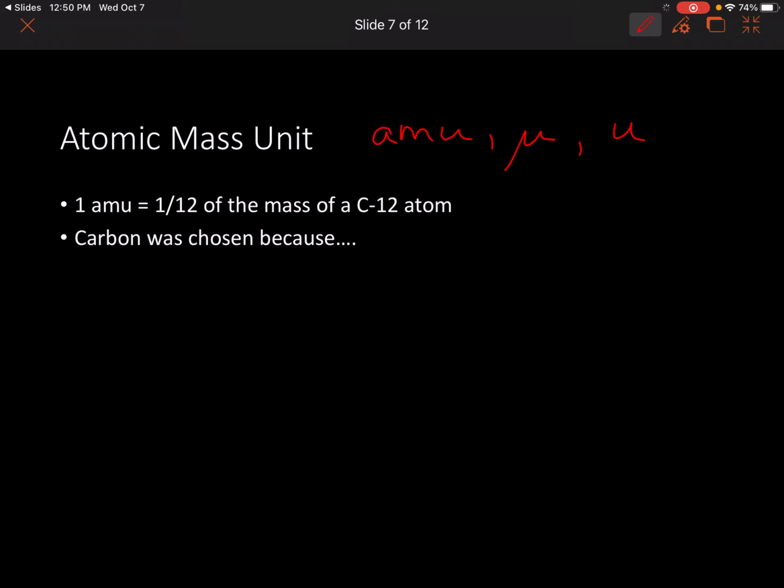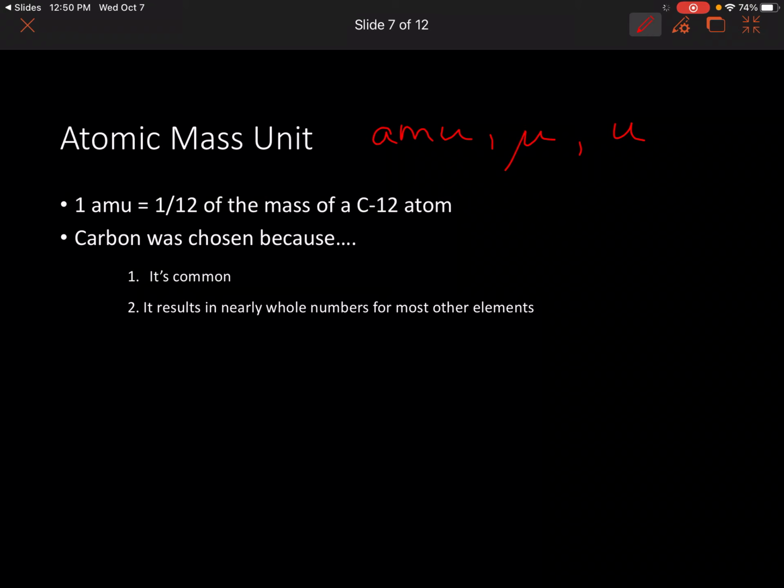So the question is, why did scientists choose carbon to base everything off of? And there are 3 reasons for that. The first one is that it's common. Carbon is everywhere. It's in almost everything, right? In our world, any organic compound has carbon in it. So carbon is very prevalent. Number 2, it results in nearly whole numbers for most other elements.